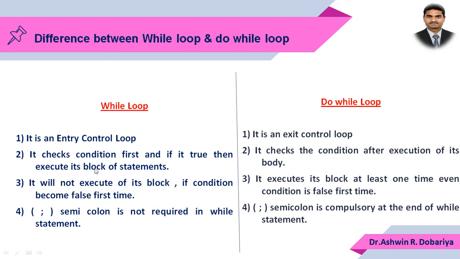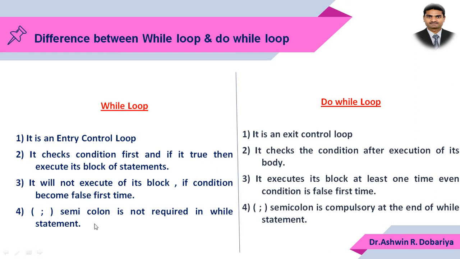So it is not necessary to execute the block in a while loop; it will not execute its block if the condition is false the first time. But in a do while loop, even if the condition is false the first time, it executes its body at least one time. So do while executes its body at least once, but that is not guaranteed in the case of a while loop.